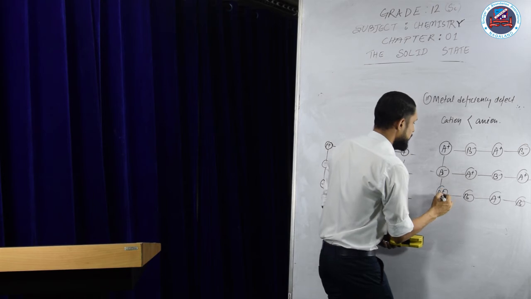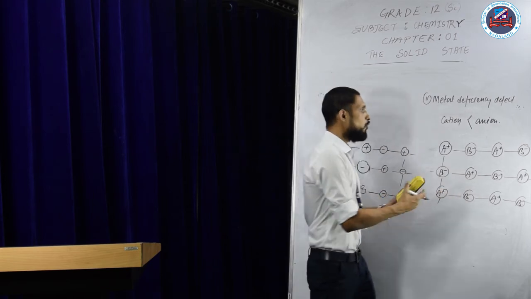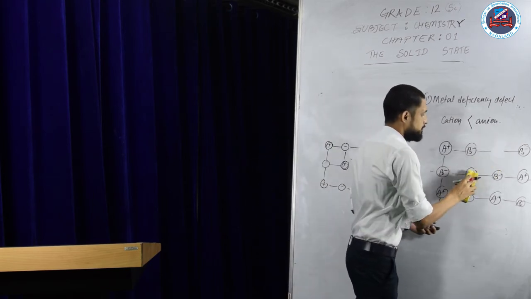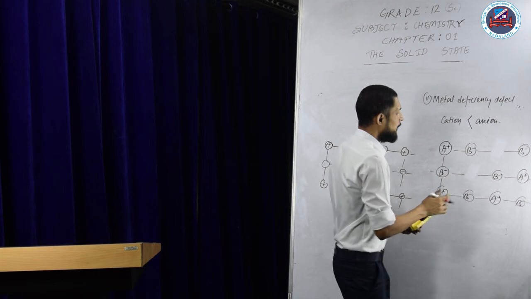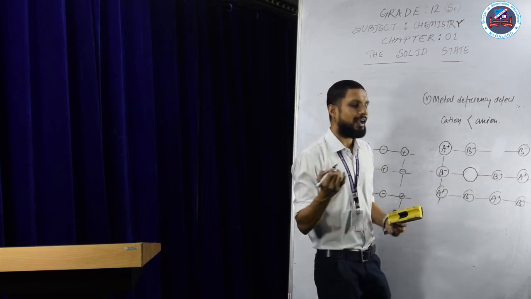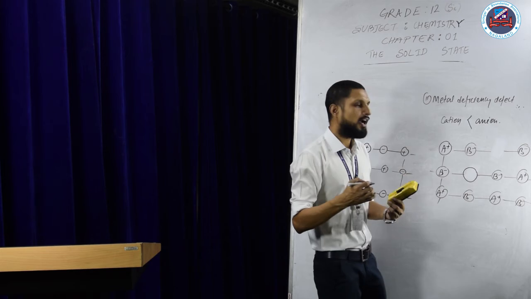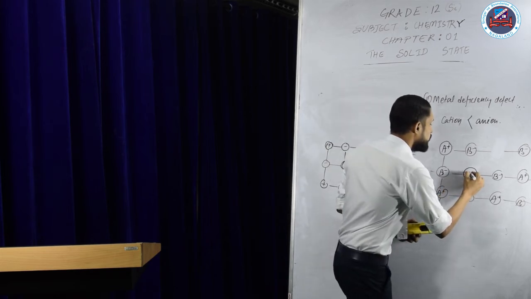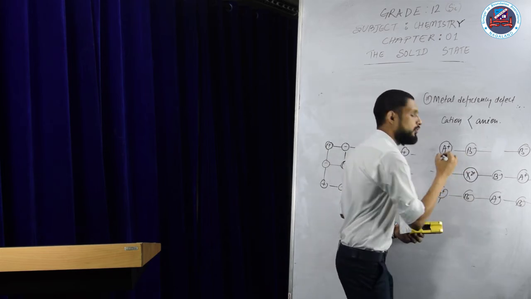Now from here, say two cations are missing, and one of the cationic vacancies is occupied by another element or cation with charge say 2 positive, let it be X 2 positive.